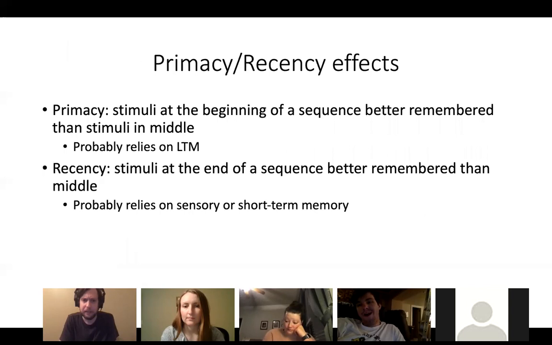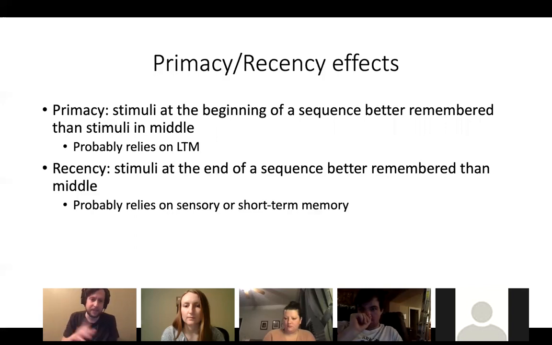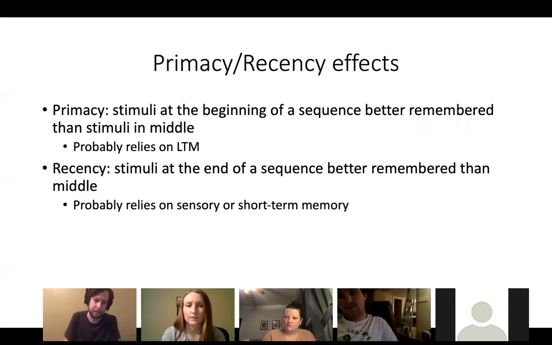Okay, a little bit more. Now we're moving into primacy and recency effects. This is still kind of distinguishing between short-term memory and long-term memory.